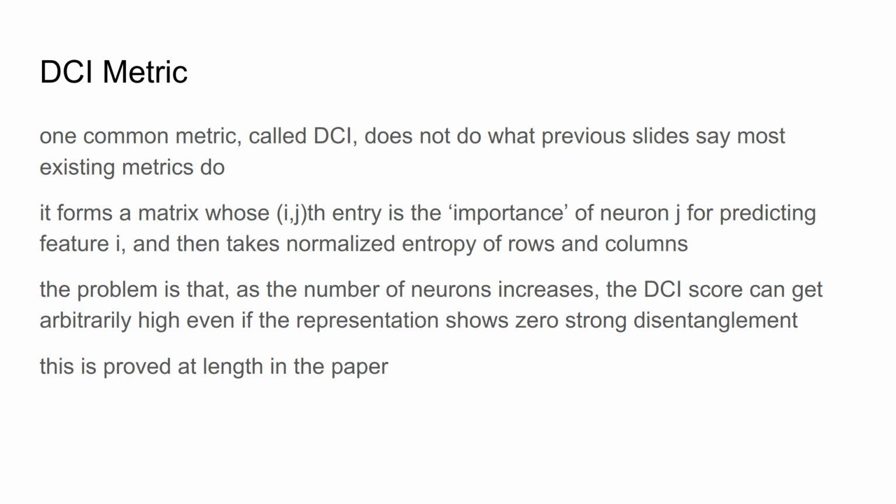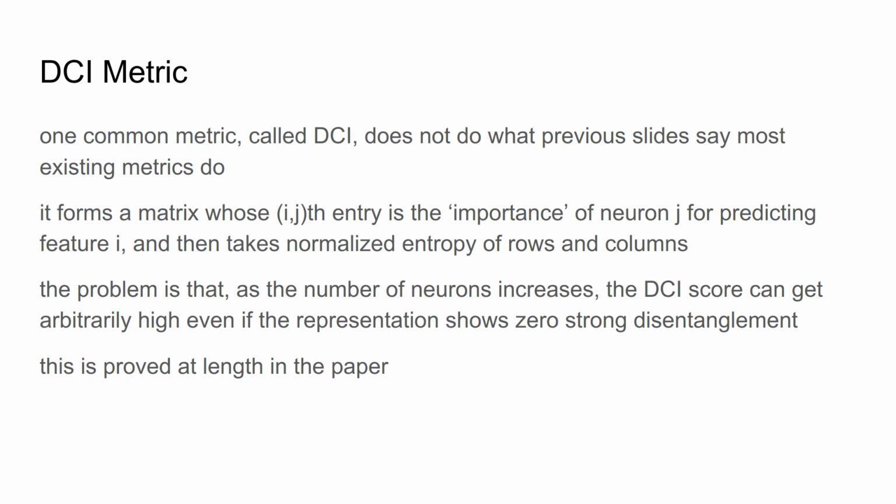But in that case, the DCI score can get arbitrarily high. We outline it at length in the paper: there can be a case where DCI gives an arbitrarily high score even though the representation has zero strong disentanglement.